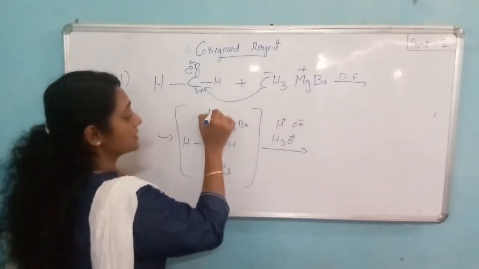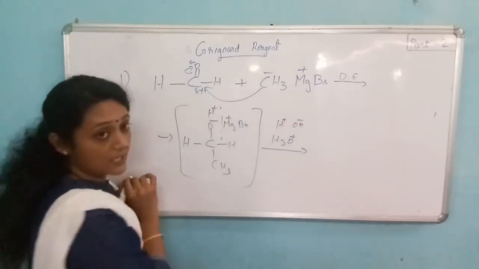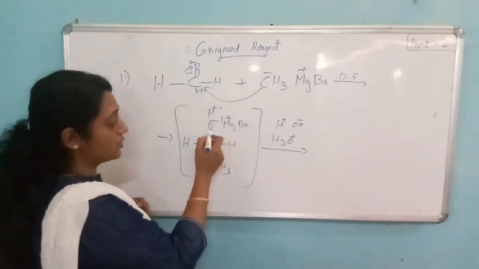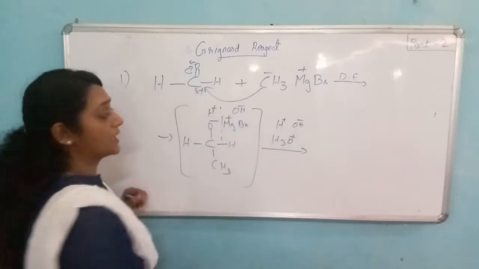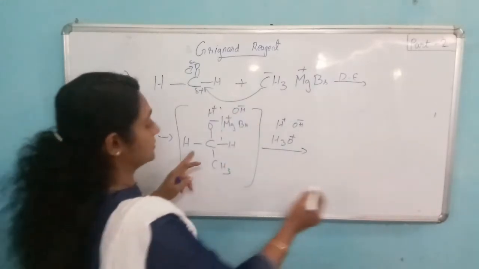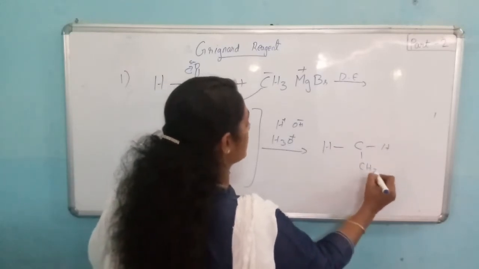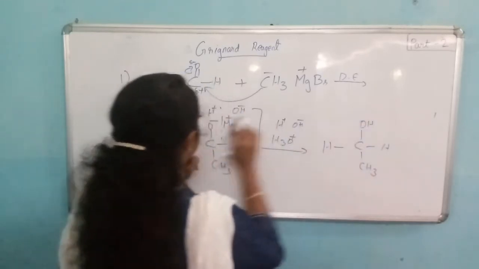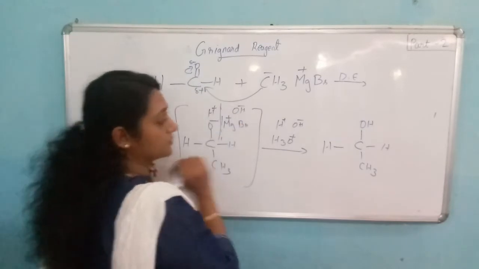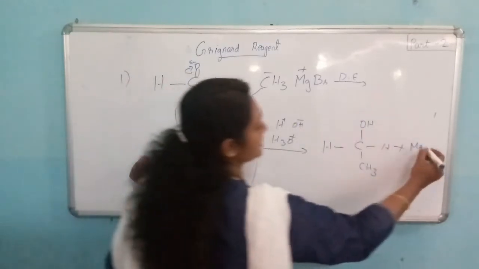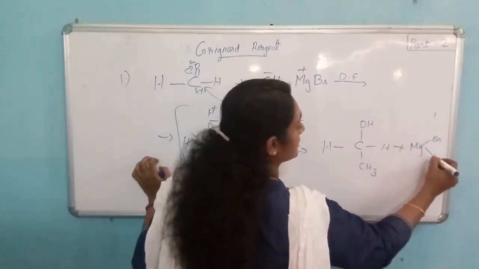The H plus comes here, to the addition place. H plus is easily attracted by the O minus, and OH minus is attracted by MgBr, and the final product will be CH3CH2OH, plus MgBr(OH).